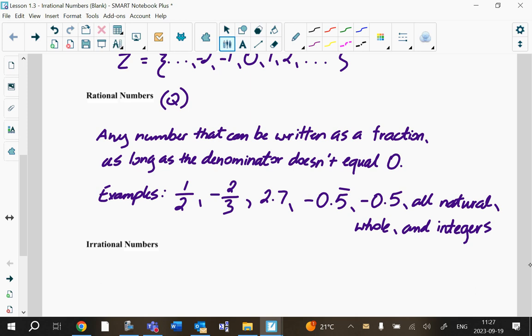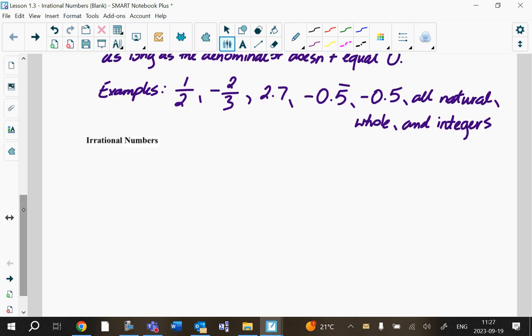Well, if that's the meaning of a rational number, what do you think the meaning of an irrational number is? Irrational numbers can't be written as a fraction. And we use Q with a bar.